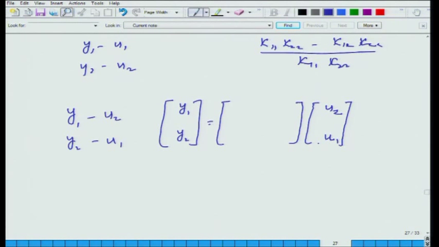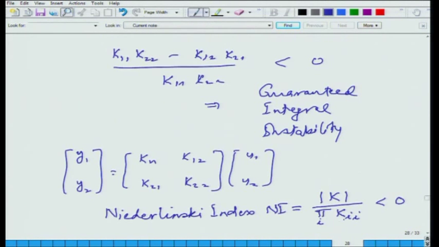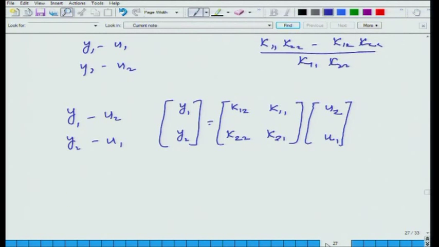So in this case, what I will get is k12, k11, k22 and k21. Do you see that the gain matrix earlier for the y1-u1, y2-u2 pairing was different? Do you see that the columns have been shifted? I have just interchanged the columns.